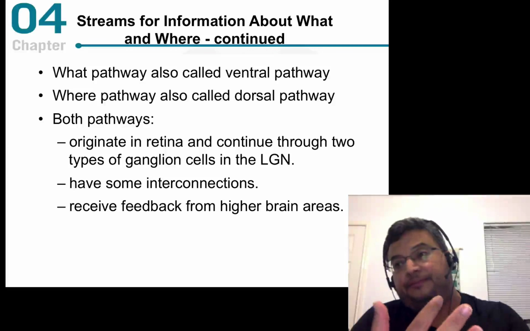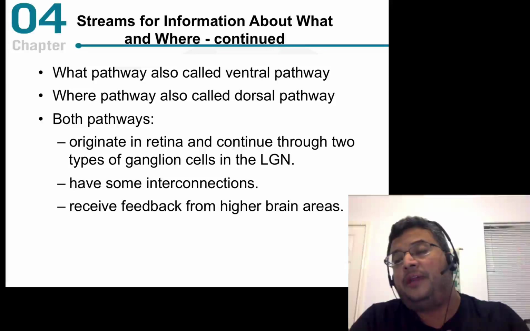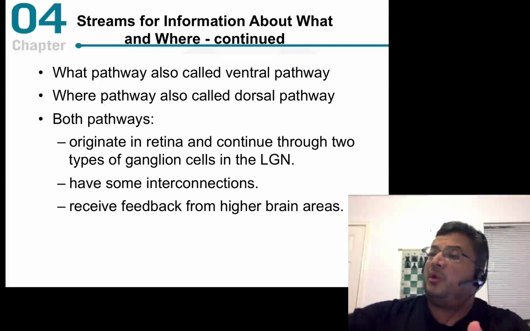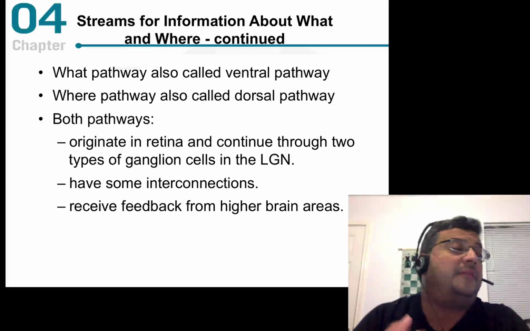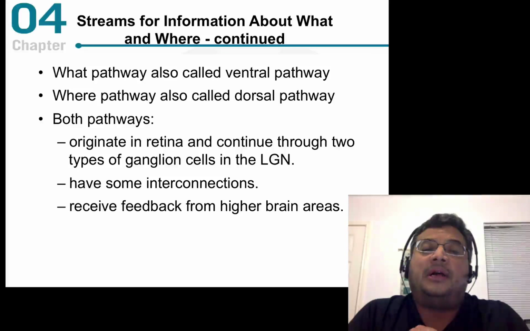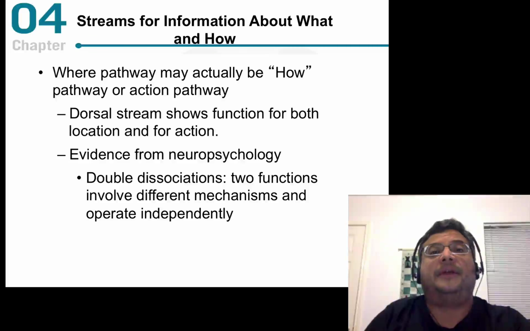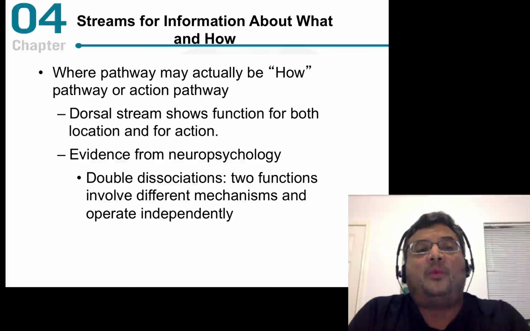For example, we're going to learn that when we see something that we can do something with, like pick it up or hold it, like a handle on a cup, that involves processing with higher brain areas. The where pathway may actually be a how pathway or an action pathway.